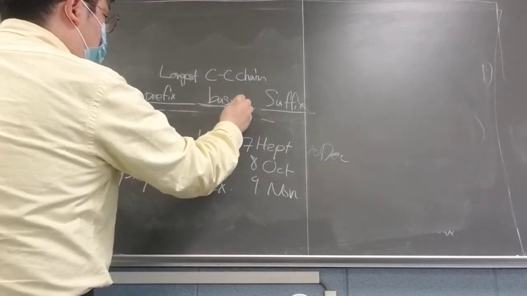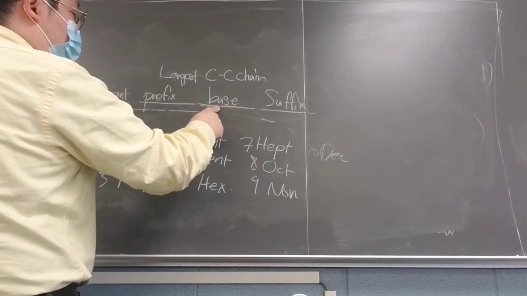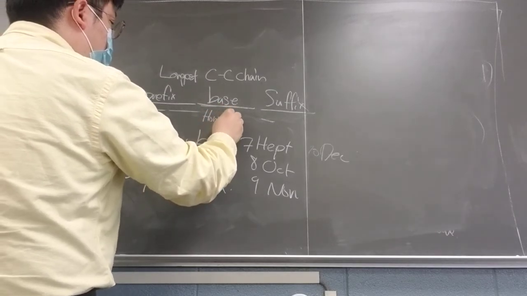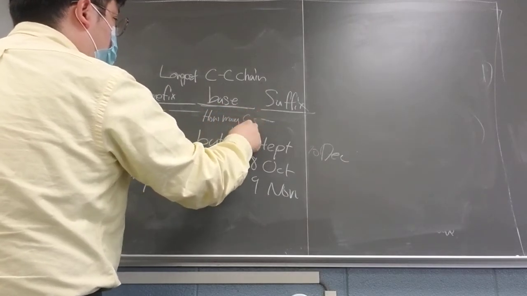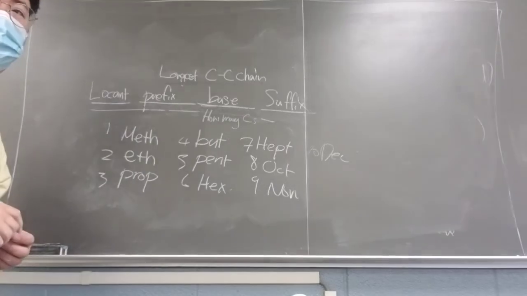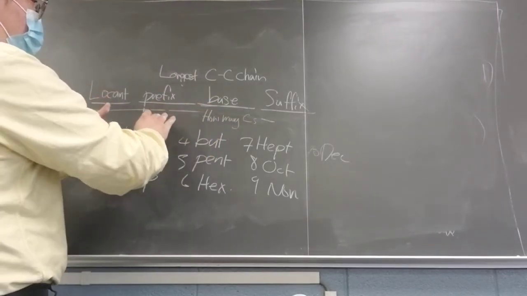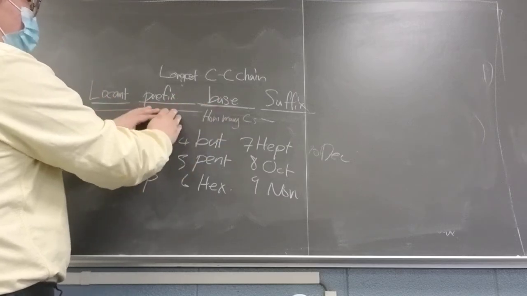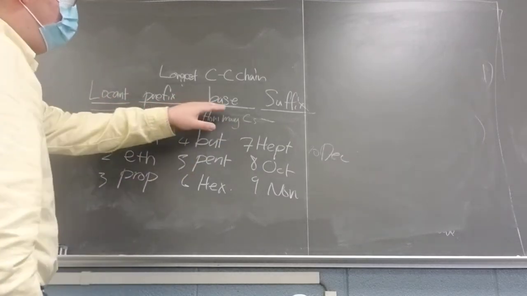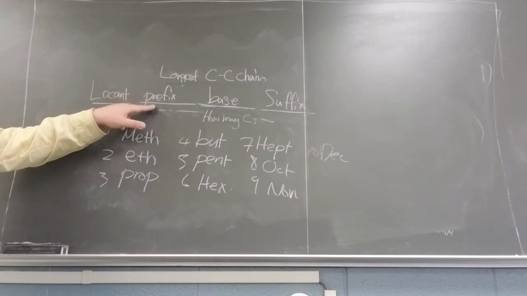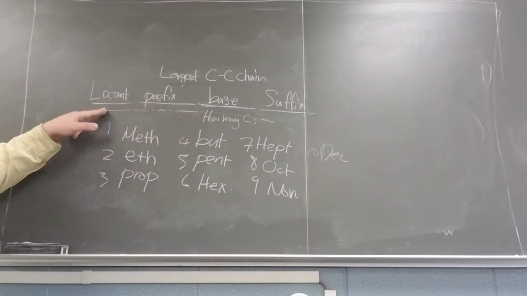It will indicate how many carbons are in the longest possible carbon chain in your compound. So if there is any group attached to the base, that is a prefix. And when you attach the prefix to the base, you want to indicate where that prefix is attached. So that is the locant.